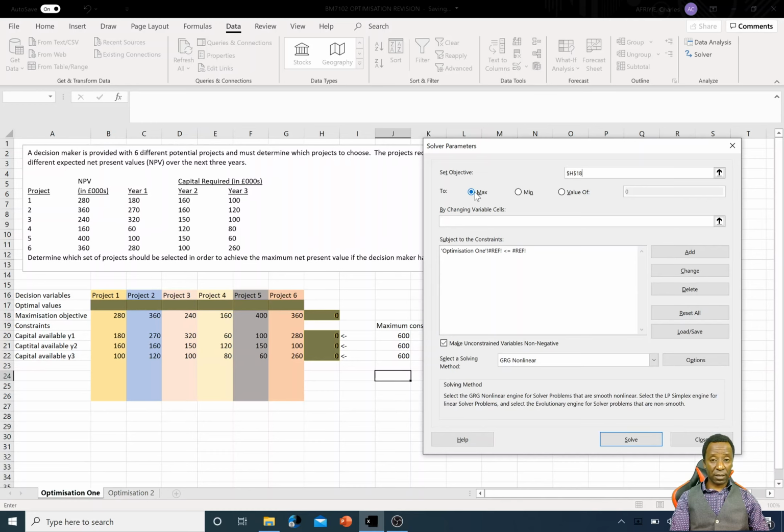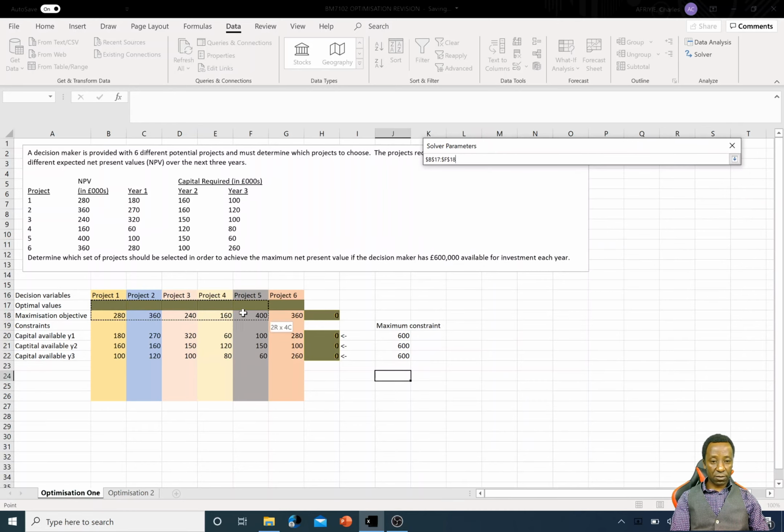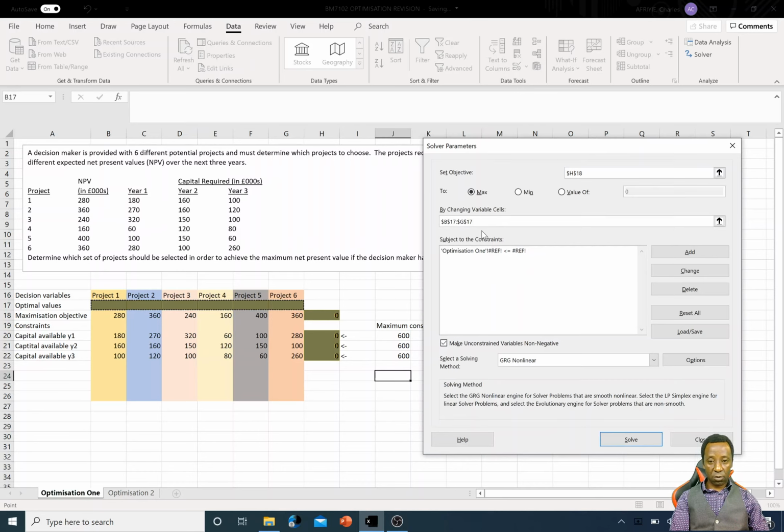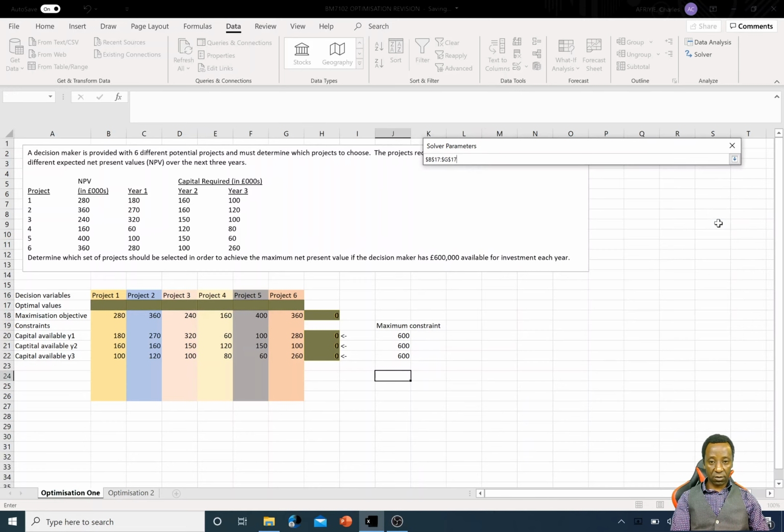The objective is to maximize, so we don't need to change anything here. We have to drop in the optimal values into the by changing variables row here. If you notice what we did, we copied from B17 to G17.